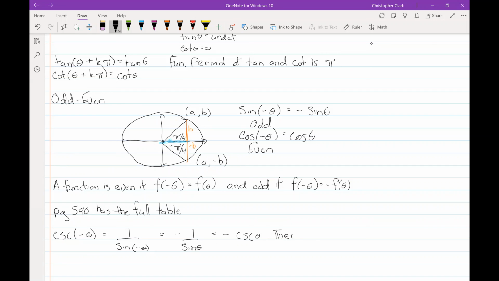So therefore, cosecant is odd as well. And so cosecant is going to be odd, secant is going to be even, and then you can play around with the tangents, but the tangents turn out to be odd as well because of the sine. The sine actually makes them odd.